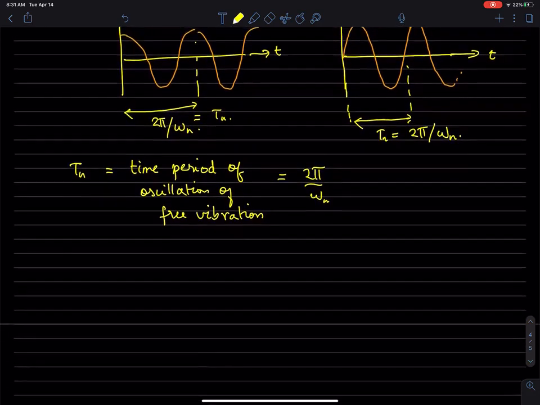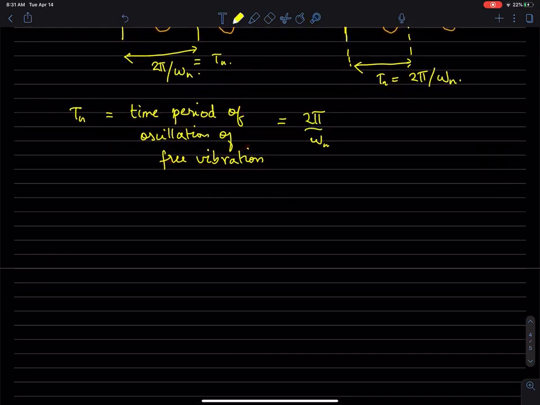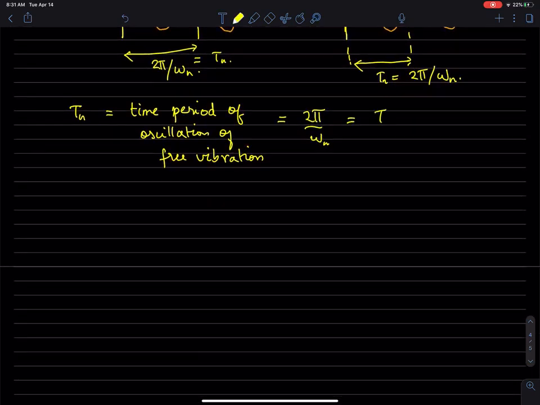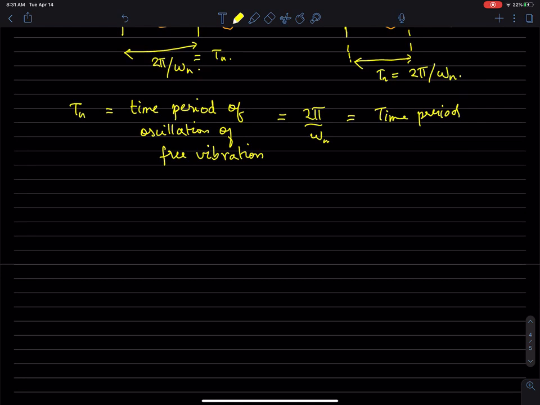So what do we mean by period of oscillation? It means the time period for one full cycle, after which everything repeats.